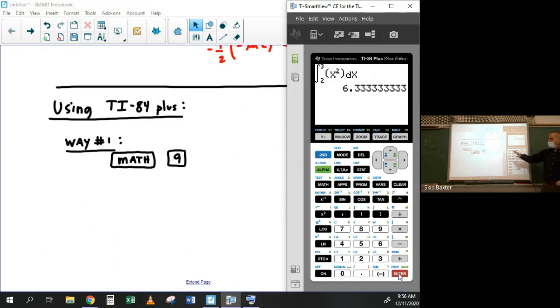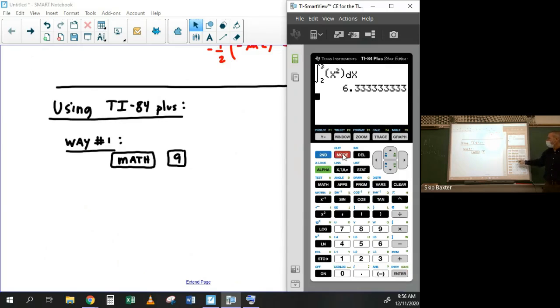So that's the first way, Math 9. Now, as always, if you have a function that's already in your y1 or y2, like a function that was really complicated that I had already typed in, and I don't want to type it in again, I could just refer to y1.